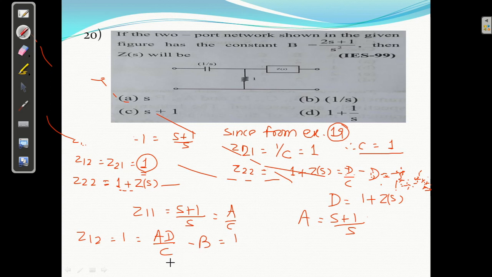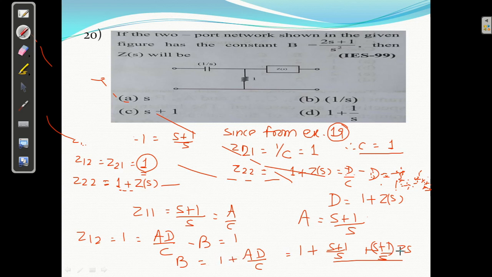So B equal to 1 plus AD upon C, when you put in the values. AD is S plus 1 upon S, plus S plus 1 upon S into ZS, C equal to 1, minus B, B given.